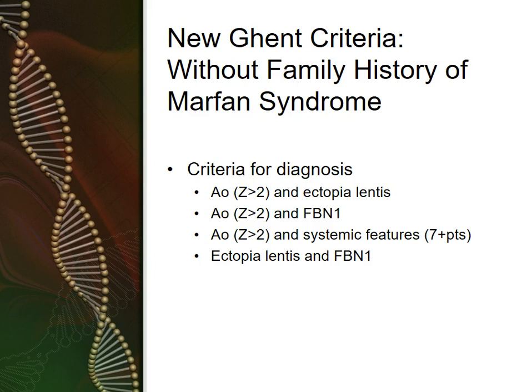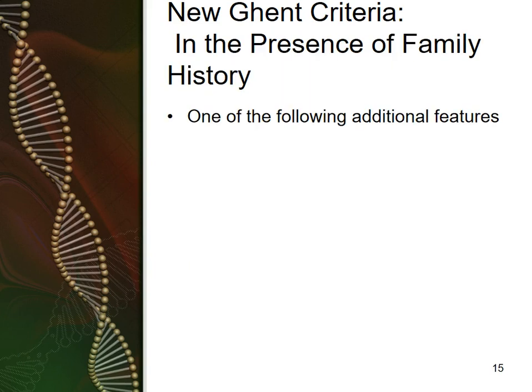So when there is no family history, you need 2 components to make that diagnosis. And 3 of these you might see have to do with the heart. So whenever you're evaluating a patient for Marfan syndrome, you need to have an echocardiogram to make that diagnosis.